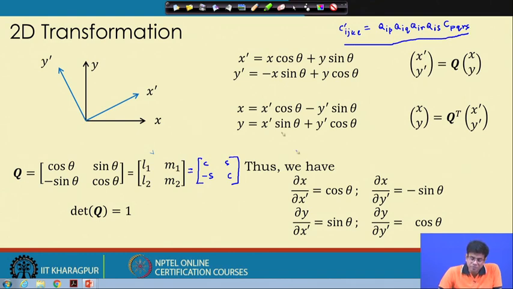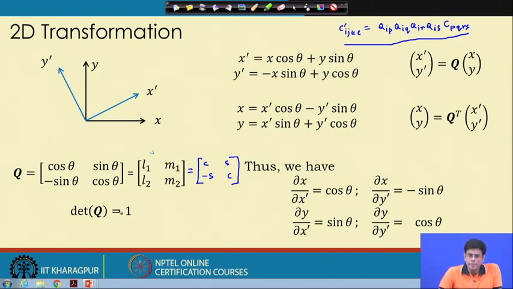Now the inverse transformation is also possible, which gives x, y in terms of x prime, y prime. The inverse transformation is Q transpose, because Q is an orthogonal matrix. So Q transpose is Q inverse and the determinant of Q is plus 1.